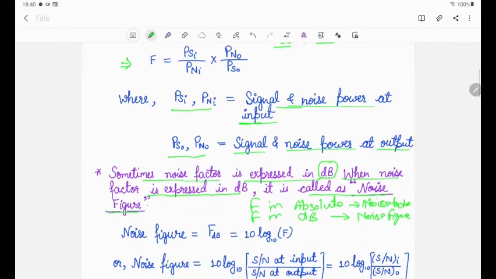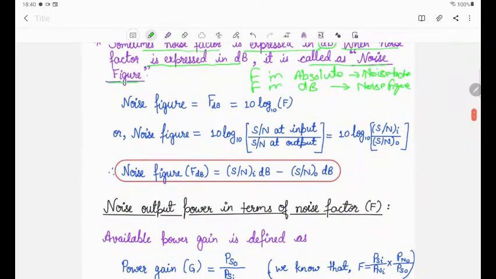So how can we express noise factor in dB? F in dB is 10 log base 10 F. F is the noise factor, in absolute value, and F in dB is called the noise figure.